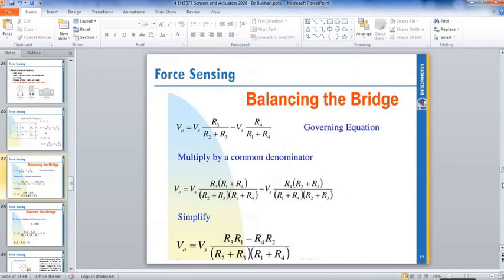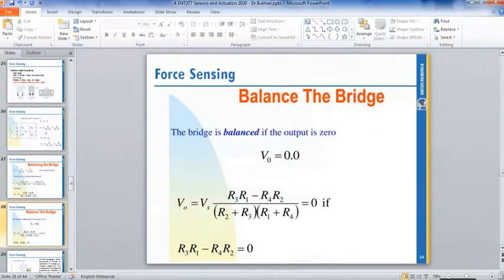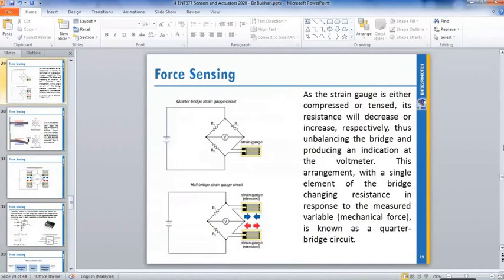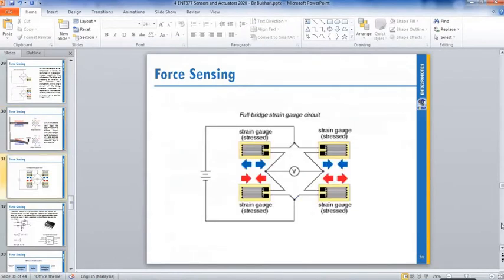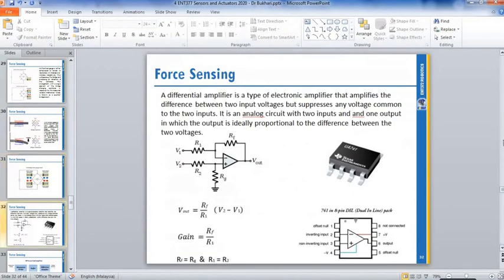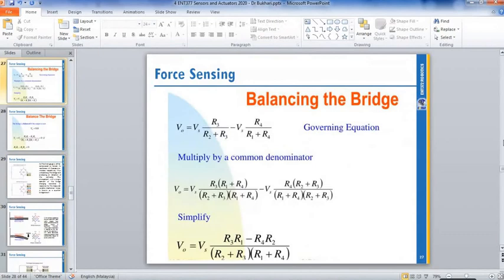So we see the example here. For example, here you have a formula, and you have two strain gauges. Okay, this one.